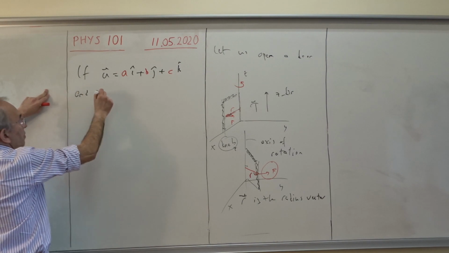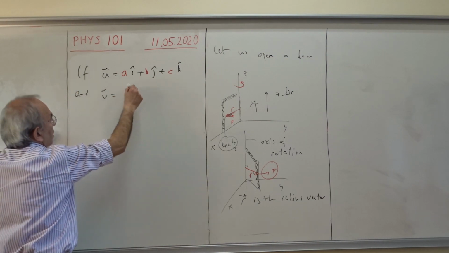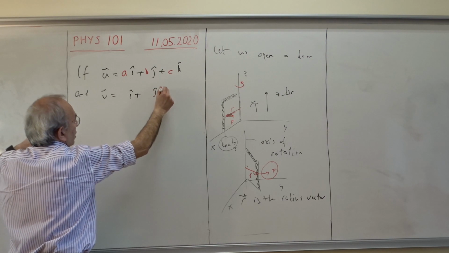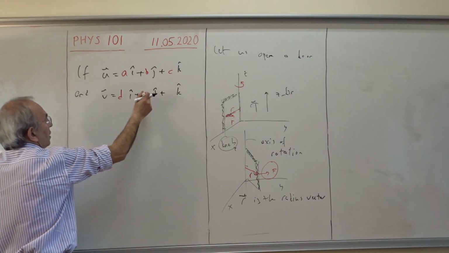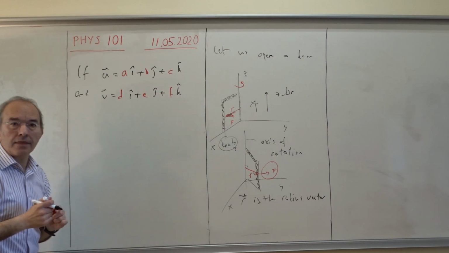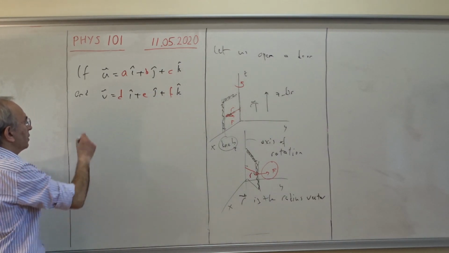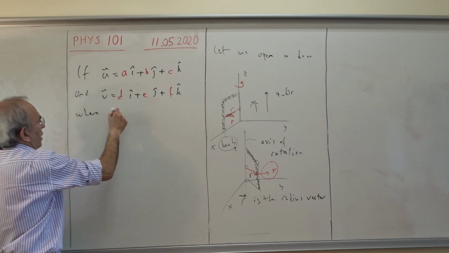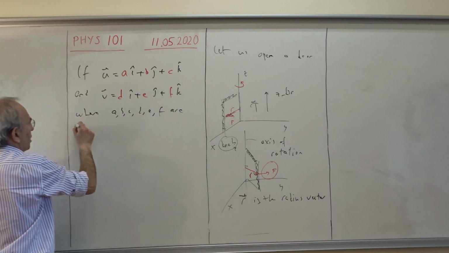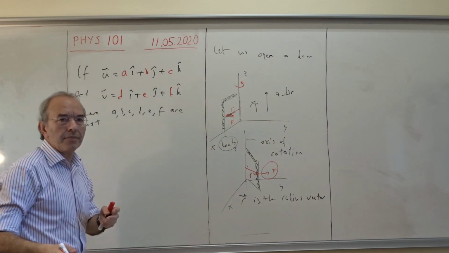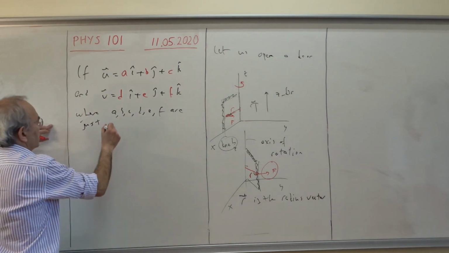And the other one, V, let's say D, E, and F, where, let me repeat, A, B, C, D, E, F are just numbers. Maybe some of them are zero.